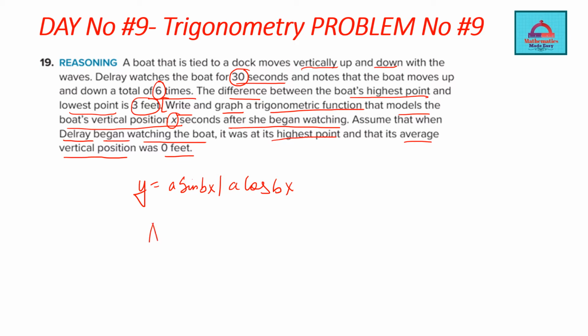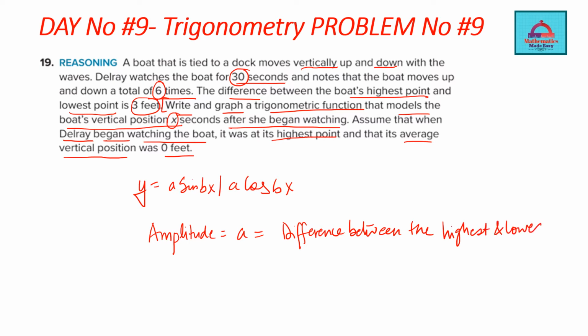Now, I want you to recall a little bit about amplitude, which is this A here. It is nothing but the difference between the highest and lowest point, and then you divide it by 2. That's the definition of amplitude.